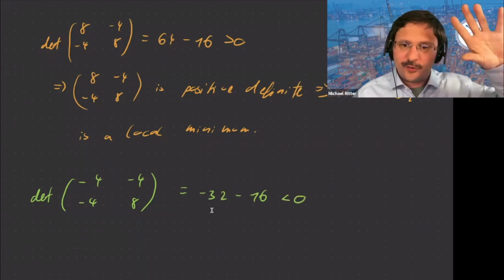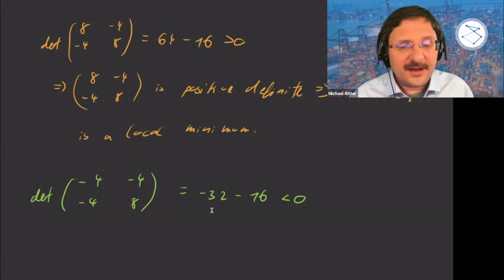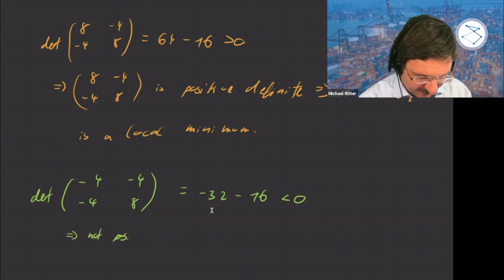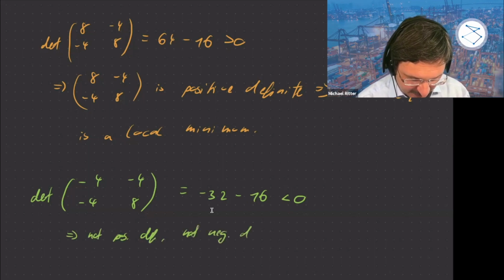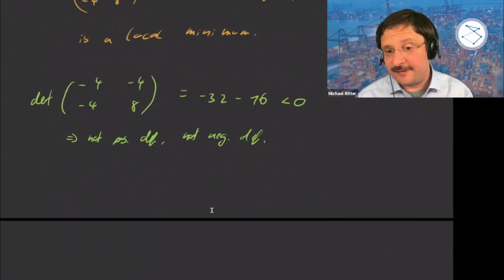So that means the determinants do not alternate. So the matrix is not negative definite, and also not positive definite, of course. It is in fact indefinite.